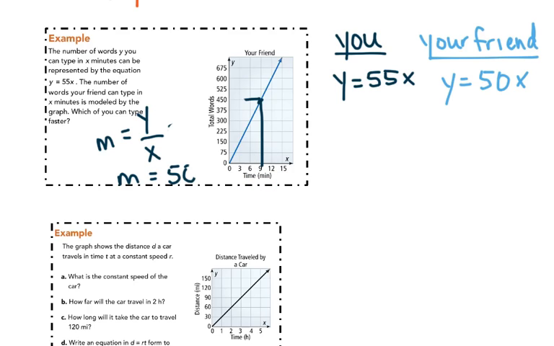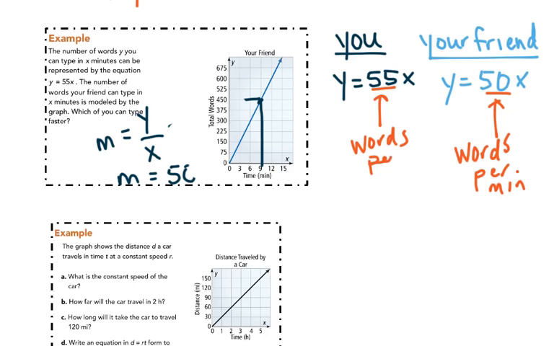So here, this m value in both equations is the number of words you can type per minute. So you can type 55 words per minute, and your friend can type 50 words per minute.